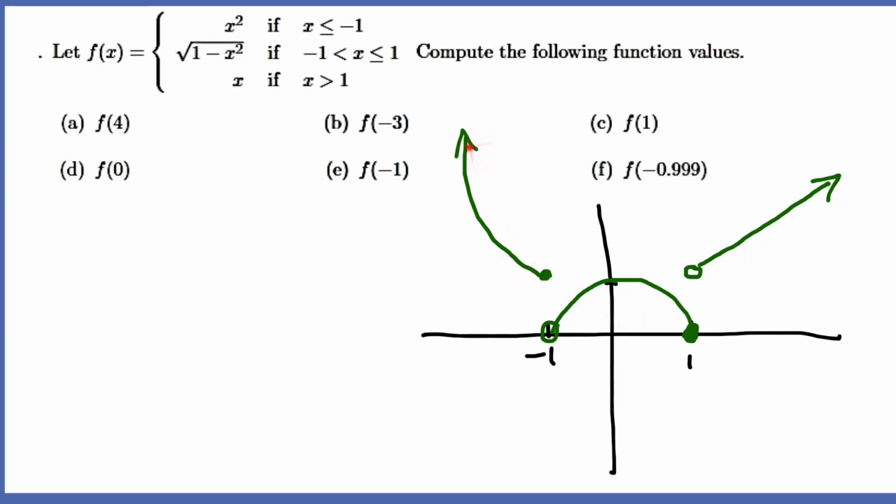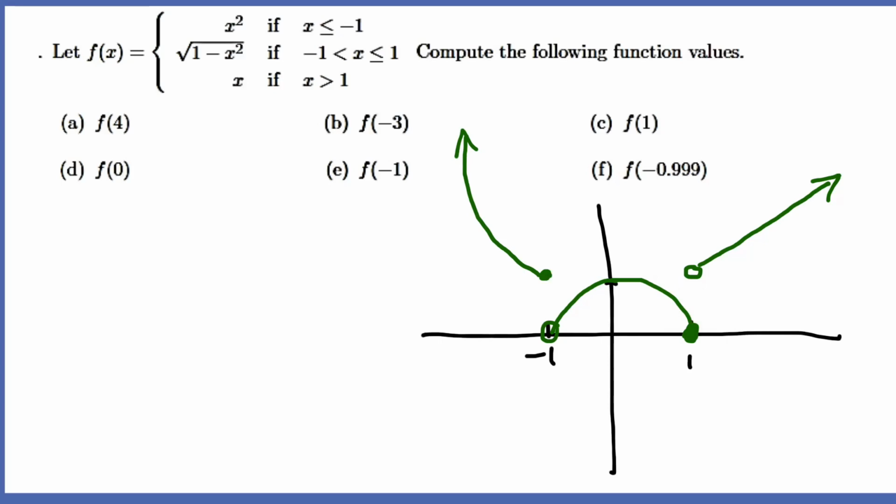So you've got this graph here, this piece of it that resides to the left of negative 1. Okay? If x is between negative 1 and 1, then you're on this graph here, which is the upper portion of a circle centered at the origin with the radius of 1, and you haven't learned that yet. That's coming in the conic section, but that's this graph here.